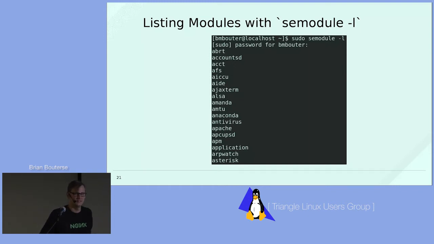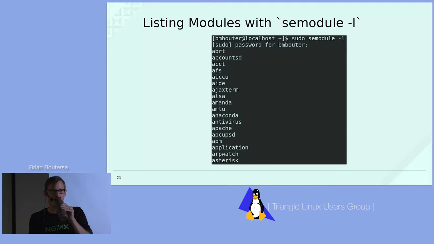Yes? So, you've been talking about SELinux in the context of the user being the user on the box and being local to the box. One of the advantages of SELinux is that you'd be running a server and accepting remote users.